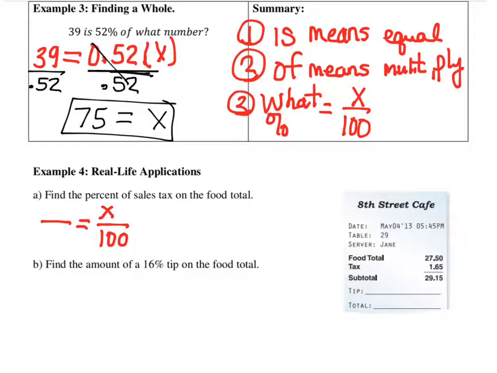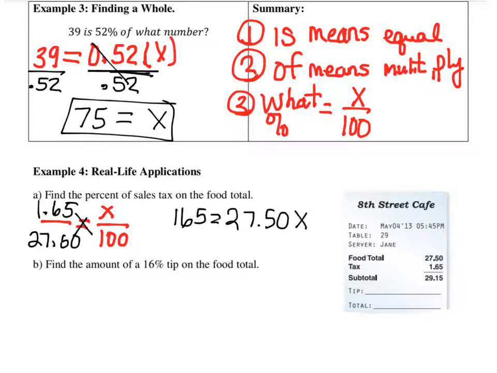So our tax was $1.65. And then our food total was $27.50. Once we have this proportion set up, we are going to cross multiply. So we get 165 equals 2750 times x.